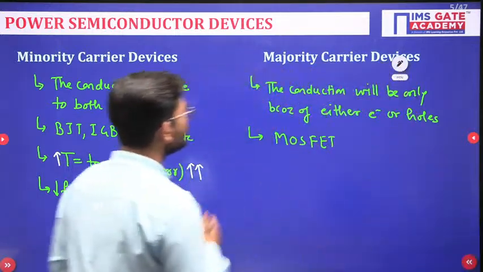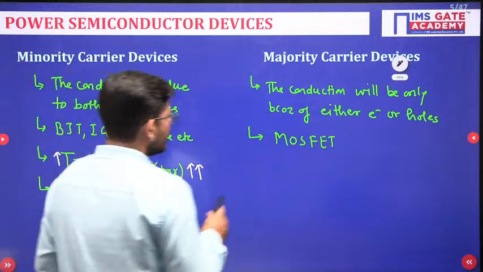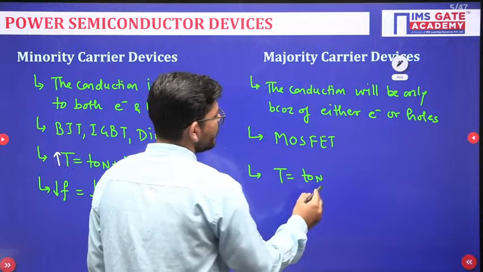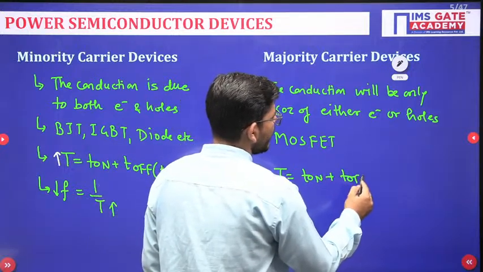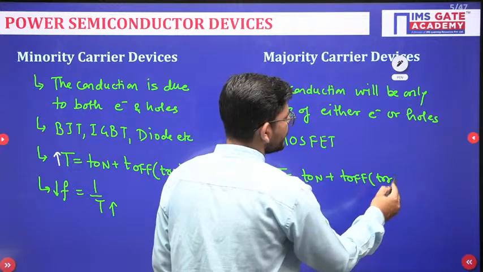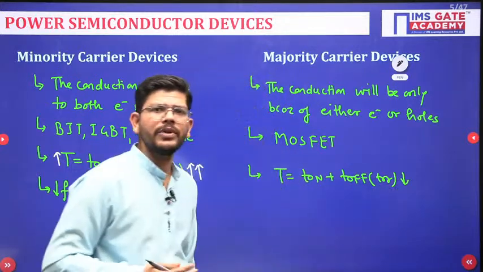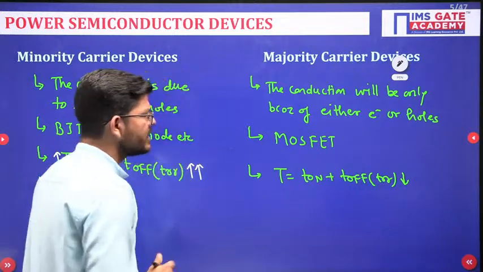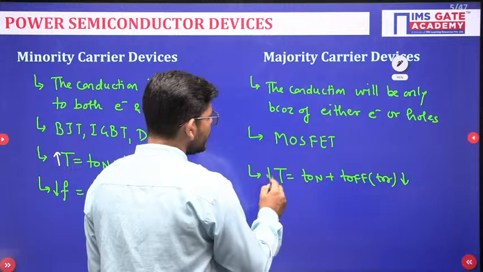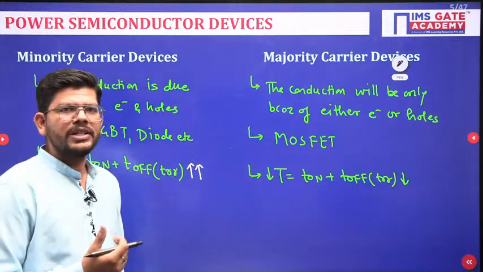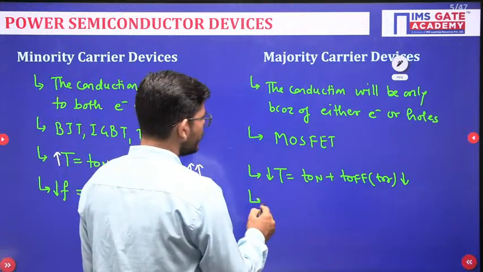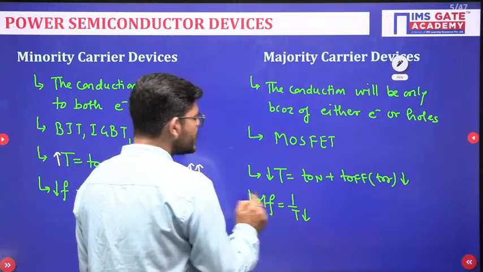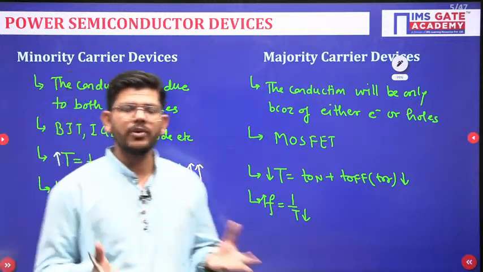But when it comes to majority carrier devices, this T, which is T on plus T off, and this T off has reverse recovery time as well, will be less here because we only have to recover one type of charge carrier, isn't it? Either electron or hole. So it will take less time. So the total time for on and off transition required will be less, and the switching frequency, which is 1 upon T, will be higher.